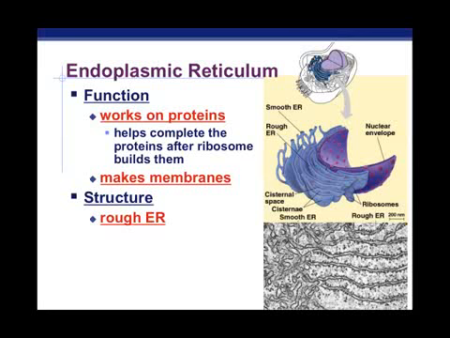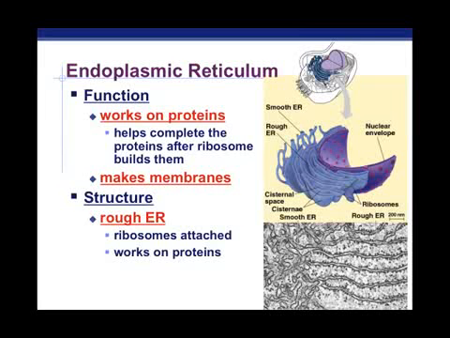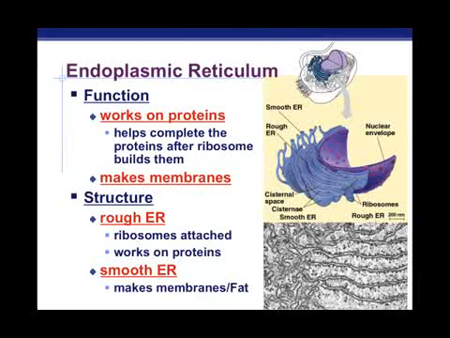So you have the rough ER, which has the ribosomes dotting the endoplasmic reticulum. Then you have the smooth endoplasmic reticulum, and that makes fat. That's more involved with making fat than it is with proteins, and that's why it makes the membrane, because your membrane, if you remember, is a fat.